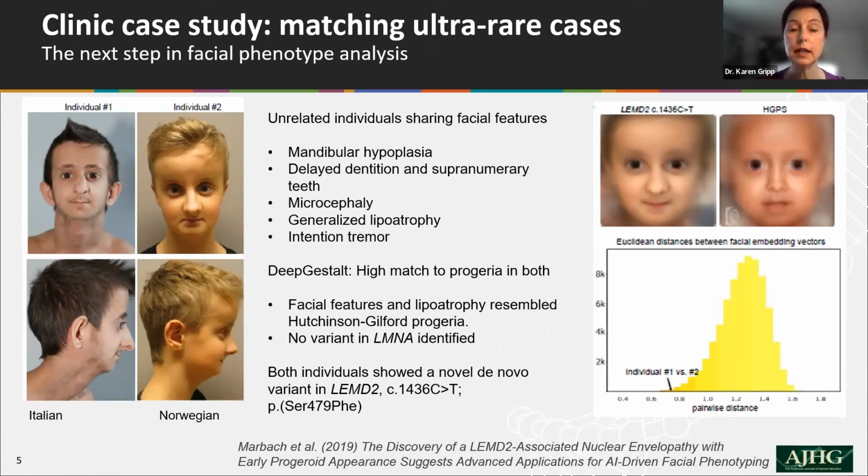And I think you can easily appreciate that when you look at the photographs yourself, they are much more similar to each other than any of the other patients that were part of this analysis. So this shows the one-on-one comparison, 2 single images that match very closely.